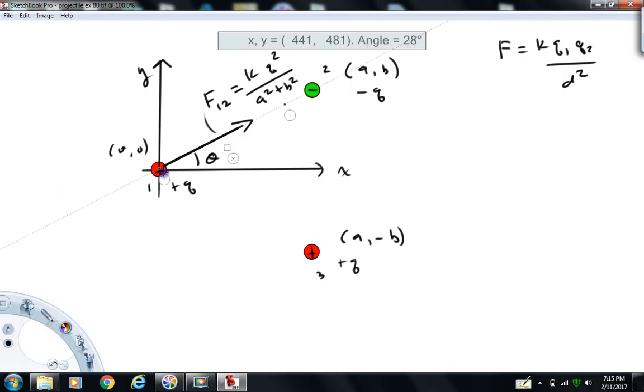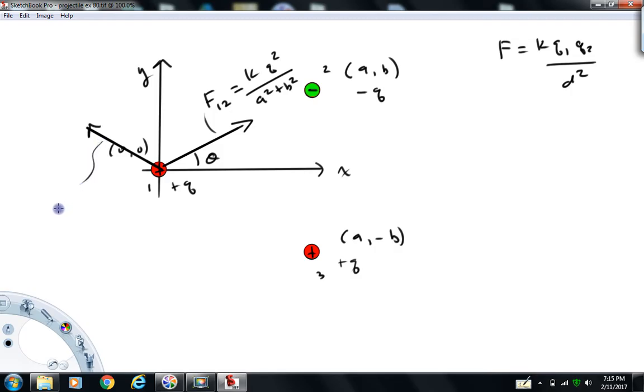All right, next, these two charges are going to repel one another. So when I draw the force vector on this charge, that force vector goes right through my coordinate there, but up and left. And if I call this force 3, a logical thing to call this force would be F13. Now, all of these charges are the same in this example.